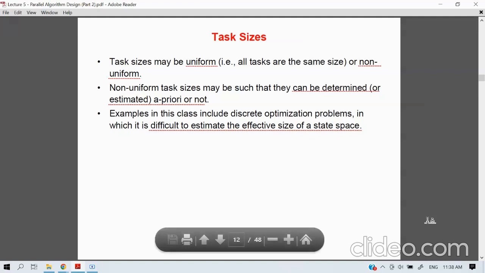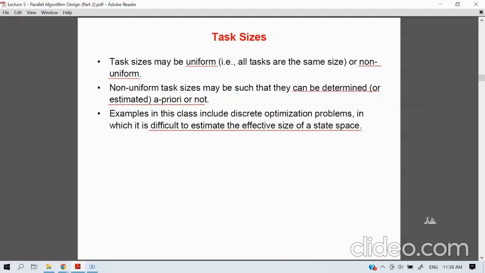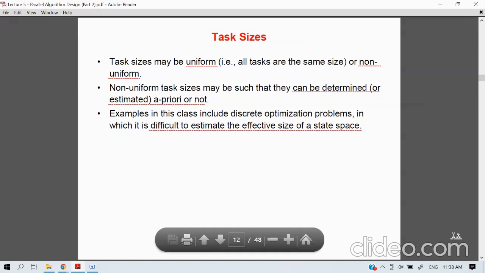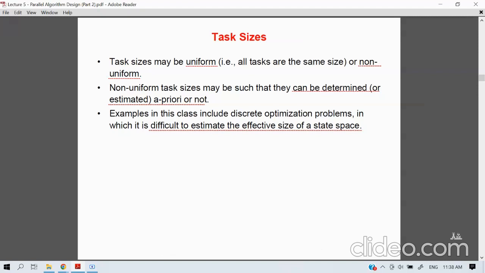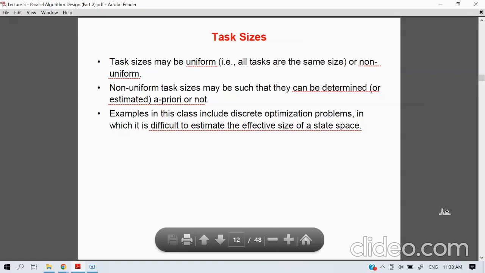So basically, when we want to decompose, you need to consider the task size. If you know the task size and you are sure and confirm that these tasks can be divided into the same size, then you can do the decomposition, or else you just use a serial process, because it might degrade or downgrade your parallel performance.